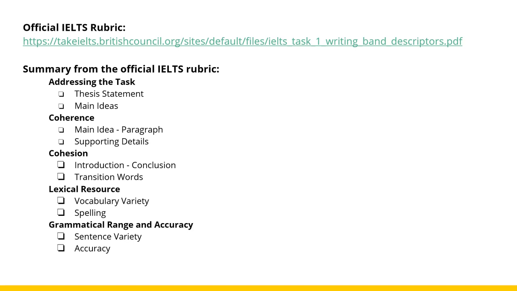And accuracy is that you feel confident when you are using your vocabulary and tenses. So do not use grammar or vocabulary words that you're not sure about. It's better to keep it simple instead of making big grammatical mistakes. So that's our brief summary of the official IELTS rubric.